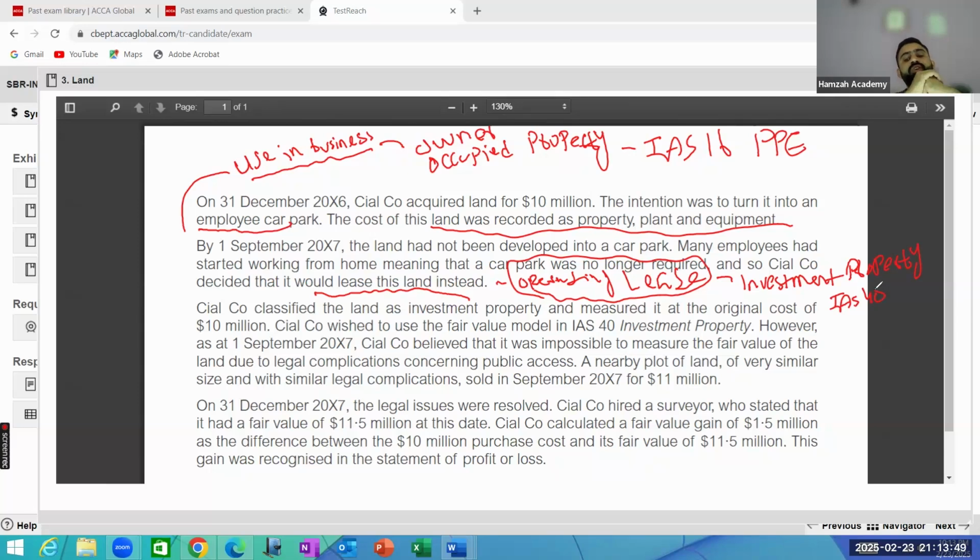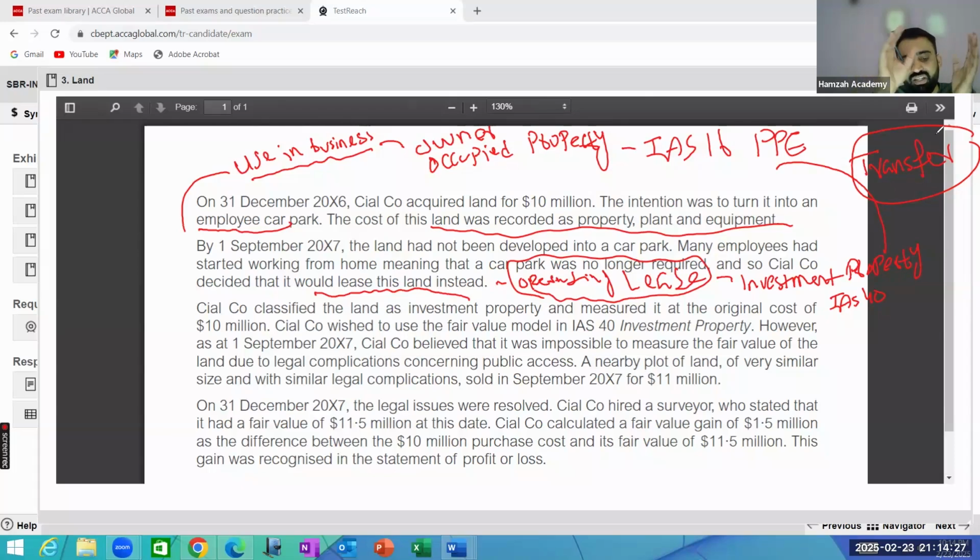Investment property, IAS 40 will be the accounting standard, and it will be a transfer from IAS 16 to IAS 40. Students, very easy marks. This is a topic of FR, financial reporting. It is carried forward knowledge which we are bringing from FR, and it totally depends on the FR paper.